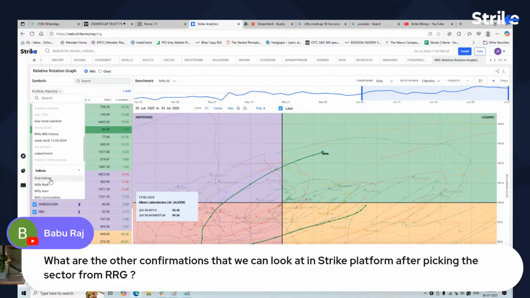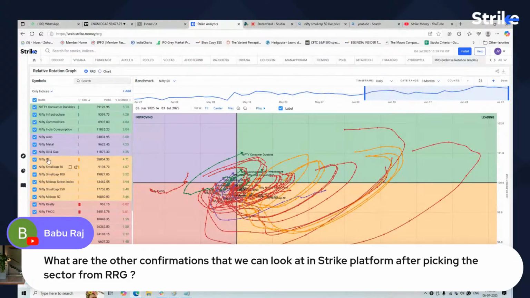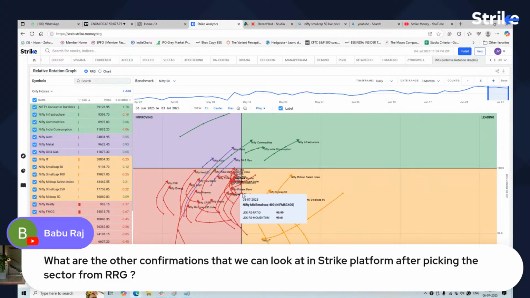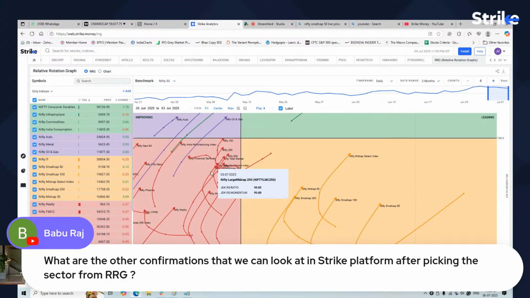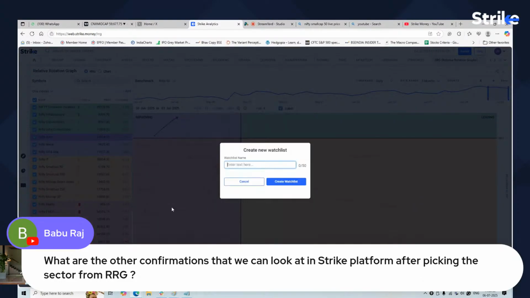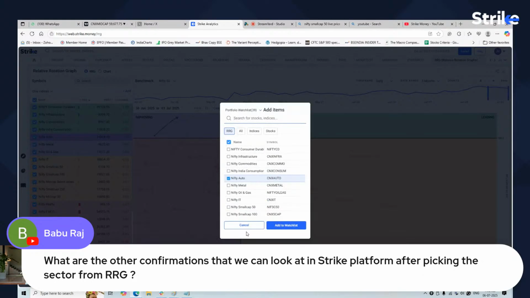Now see, what I have done is that in only indices, there are actually a lot of sectors, right? Let me just reduce the count so that the chart looks clean. I selectively wanted only the sector stocks, not the Nifty 100 and all. So I clicked over here and made a watch list, Nifty indices on RRG.